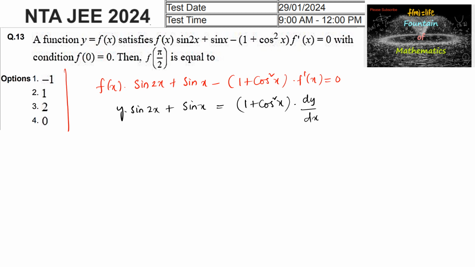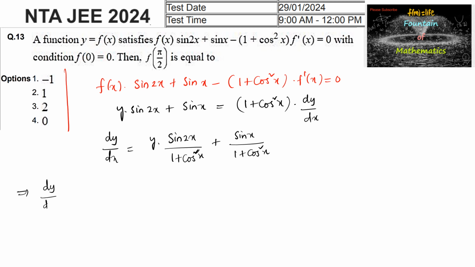And further simplifying, we can get dy by dx is equal to y into sin 2x upon 1 plus cos square x plus sin x upon 1 plus cos square x.